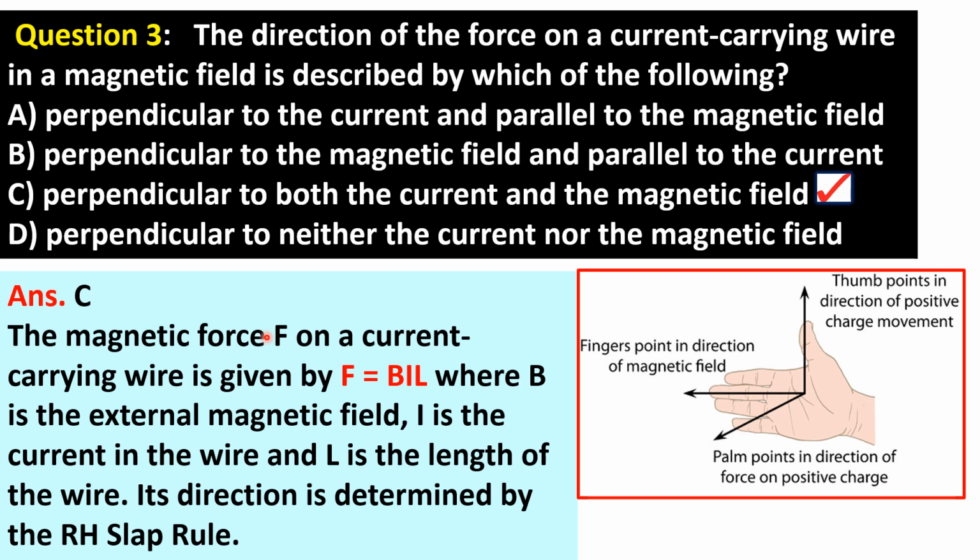So already the answer is specified here as letter C, meaning that the magnetic force produced here is perpendicular to both the current and the magnetic field. We are only asked to describe the direction of the magnetic force. But if questions will require you to quantify, then use Fleming's formula, which is F equals BIL. There's another version of the formula, if it is the charge Q that is given.